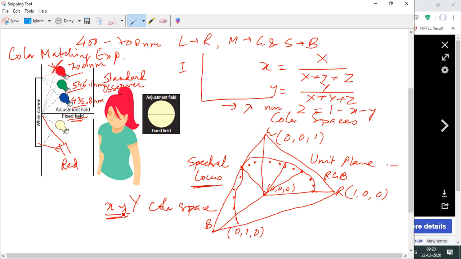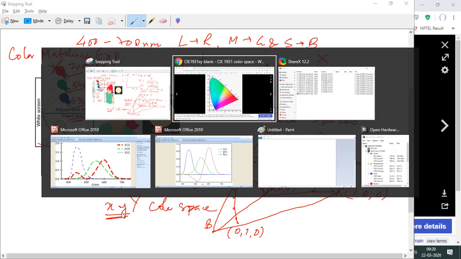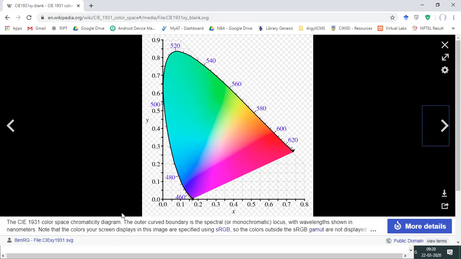Now you can also see that at the center of this particular curve is what is known as the ideal white point, somewhere around 0.33, 0.33. What is the white point? The white point is the area or region of least saturation, where there is no saturation of any color available.